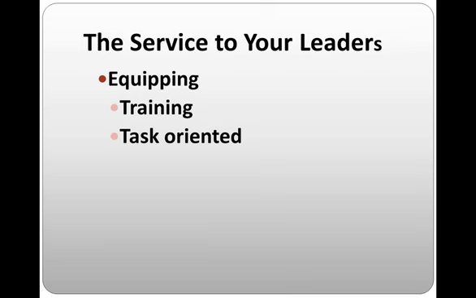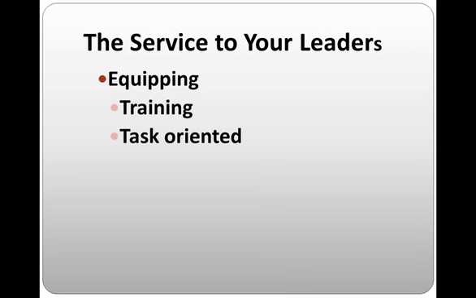So here's a 4-step process for equipping people to any given task. It's not original with me. It comes from John Maxwell in one of the books that he wrote. You've got a 4-step process where you have a leader who is equipping a trainee. The first step is for the leader to perform the task with the trainee observing. The second step is for the trainee to join the leader as the leader performs the task.